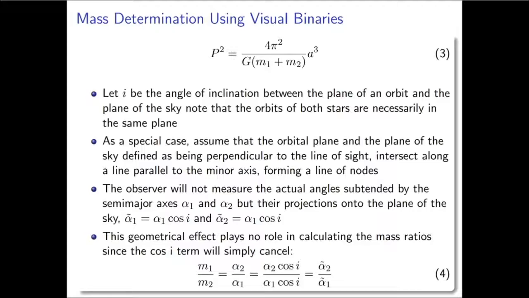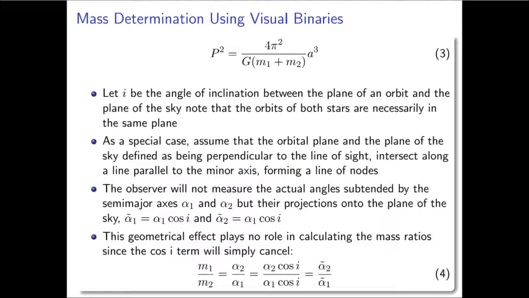And next, as I already talked about the fact that there is an orbit plane. So what is the orbit plane? The plane in which these binary stars are orbiting is called the orbit plane.